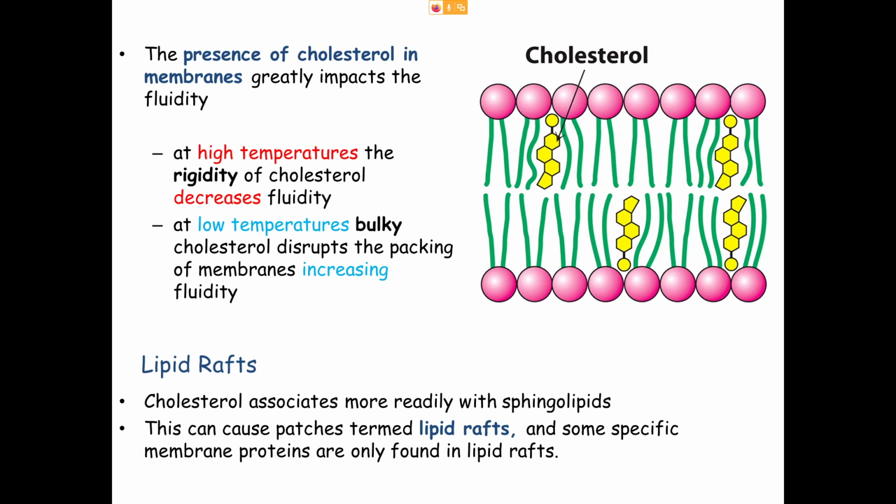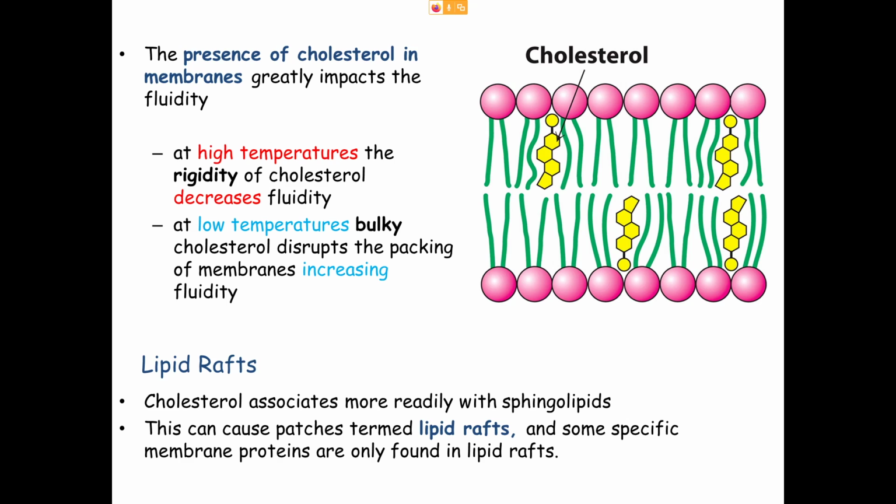Okay. Also, you'll find cholesterol is associated very readily with those sphingolipids we talked about. So replace the glycerol with our sphingosine, and they tend to occur in clusters. They don't just happen diffusely through the membrane. The sphingosines tend to occur in groups and stay together. And those groupings of sphingosine lipids, or sphingosine-based lipids, as opposed to the glycerol-based ones, have cholesterol at a higher concentration near them.